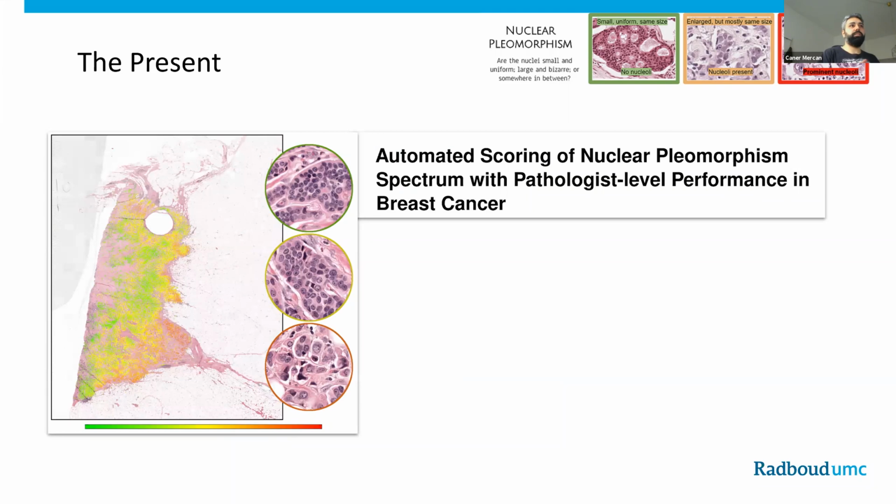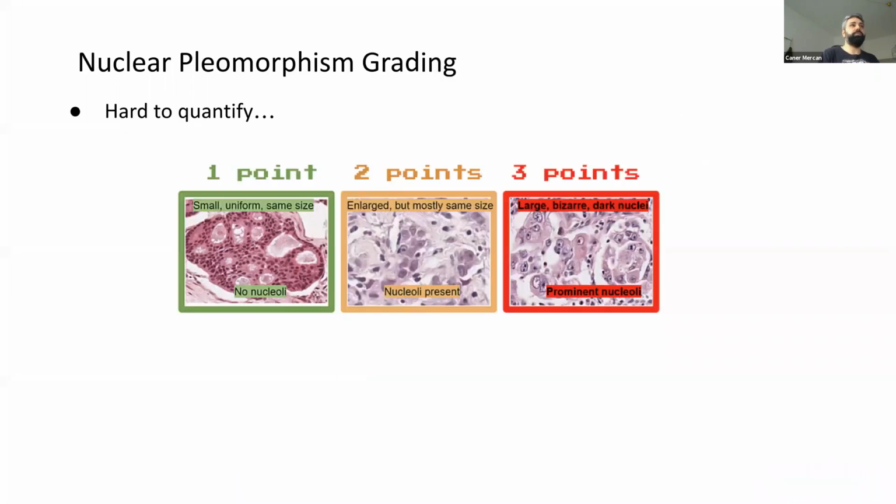But today I will talk about my ongoing current work about automating nuclear pleomorphism scoring in breast cancer grading in much greater detail. Let's remember how it was defined again based on the criteria. It gets a score of 1 if the tumor actually is bland and uniform, much like normal breast epithelium.